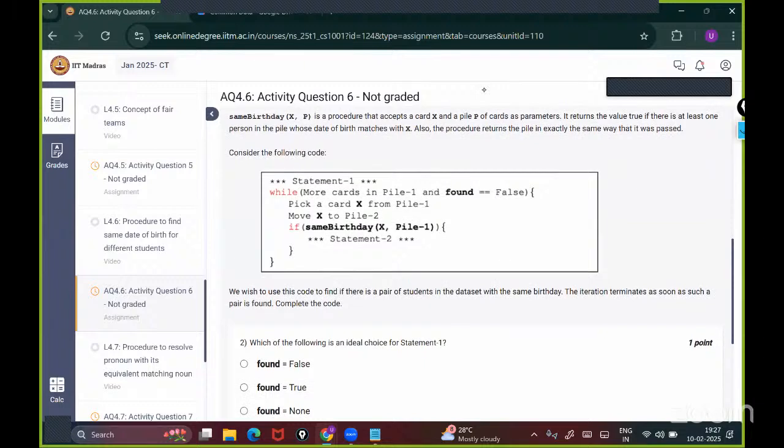All right, people. So they have mentioned that we have to return the value true if the same date of birth matches. Which means what has to be the ideal case of statement 1? What is found initially initialized with? True.